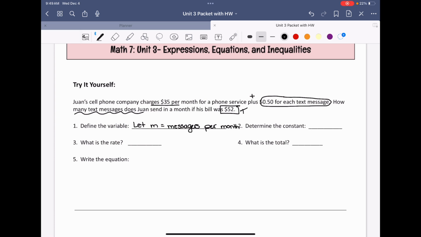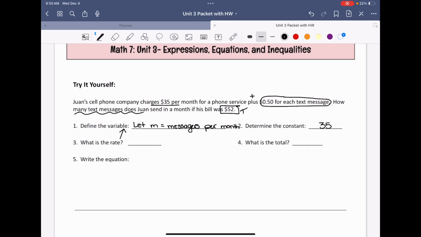My constant is that $35 that they're going to pay each month. Okay, so notice here I'm not basing it off of how many months they're paying for because I'm just focusing on how much they're going to pay in the 1 month. So in 1 month, they only have to pay $35. The rate for the text messages, so the rate should always be based off of what you have to know about your variable.